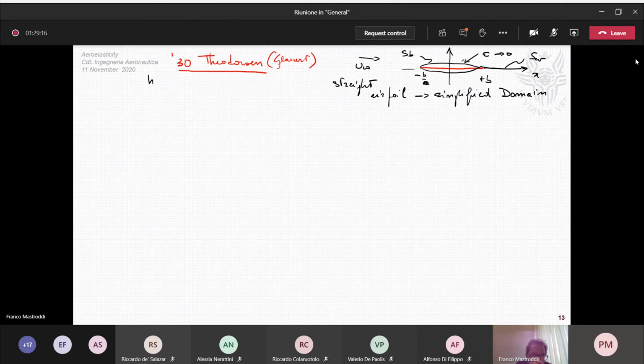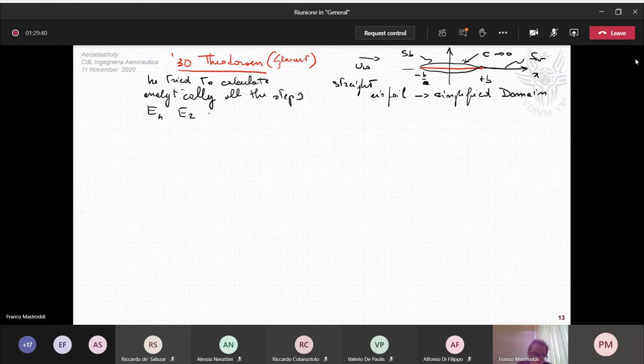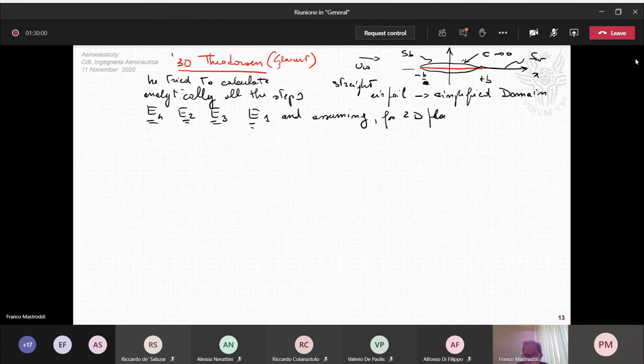So he tried to calculate analytically all the steps E4, E2, E3, E1, assuming for the flow the source solution G, like minus the logarithm of x minus x star divided by 2 pi.